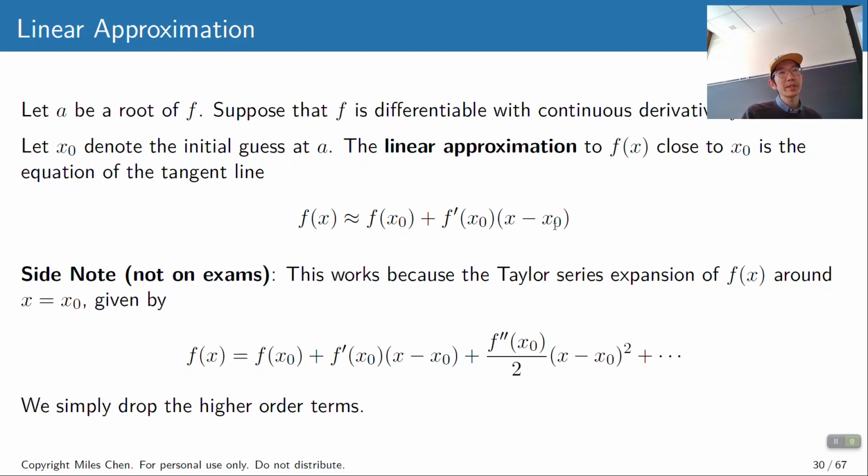I don't know if you remember Taylor expansions from your good old days in calculus. You can get the equivalent of any function by expanding this forever, and if you throw away some high order terms, you get an approximation to some degree. Basically, we're just taking the first two terms, and that's a linear approximation of some function. That's what we're doing here.